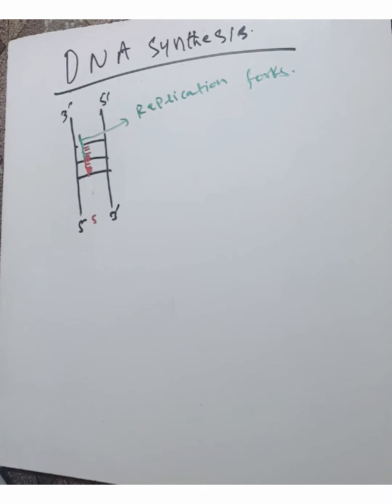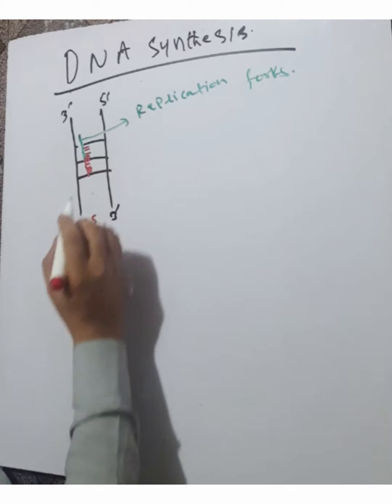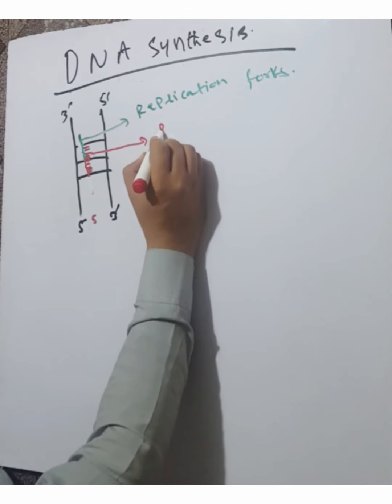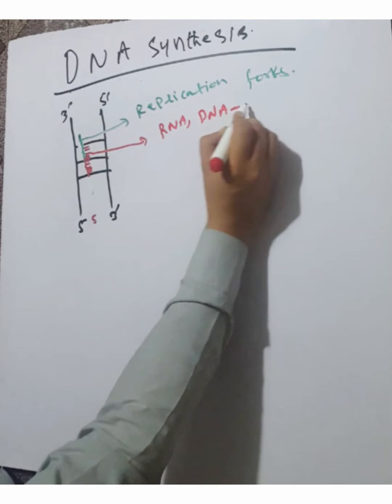These nucleotides are added with the help of enzymes, called RNA polymerase and DNA polymerase.